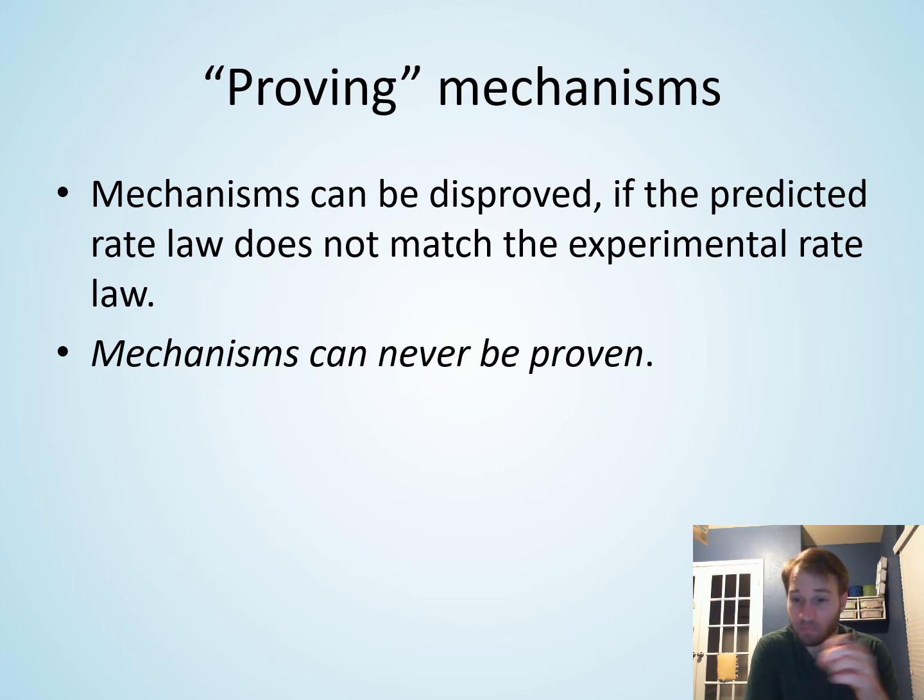I can easily disprove a mechanism: if the rate laws don't agree with the experiment, I can disprove it. But there could be multiple mechanisms with the same rate law that agree with the experiment, and it can be difficult to determine which is the actual one. One might need further studies, and you might never figure it out. So you can never prove for sure what the mechanism is, but we can get to a fairly good certainty at some point.